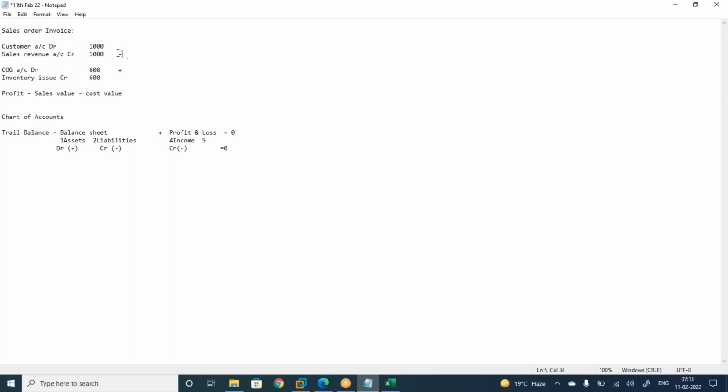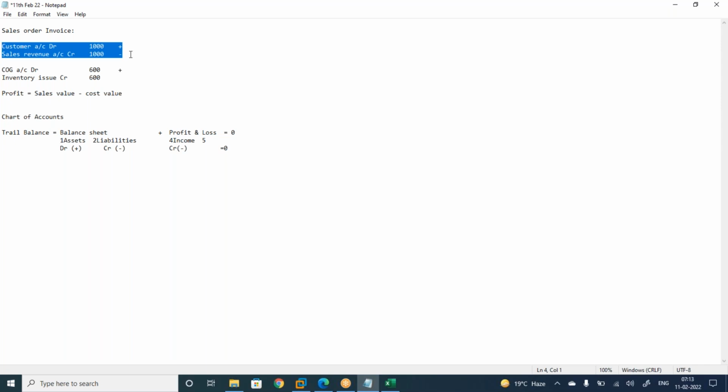Whenever you are posting a customer invoice, customer account debit to revenue account credit. So income is showing minus. This is positive and this is negative.